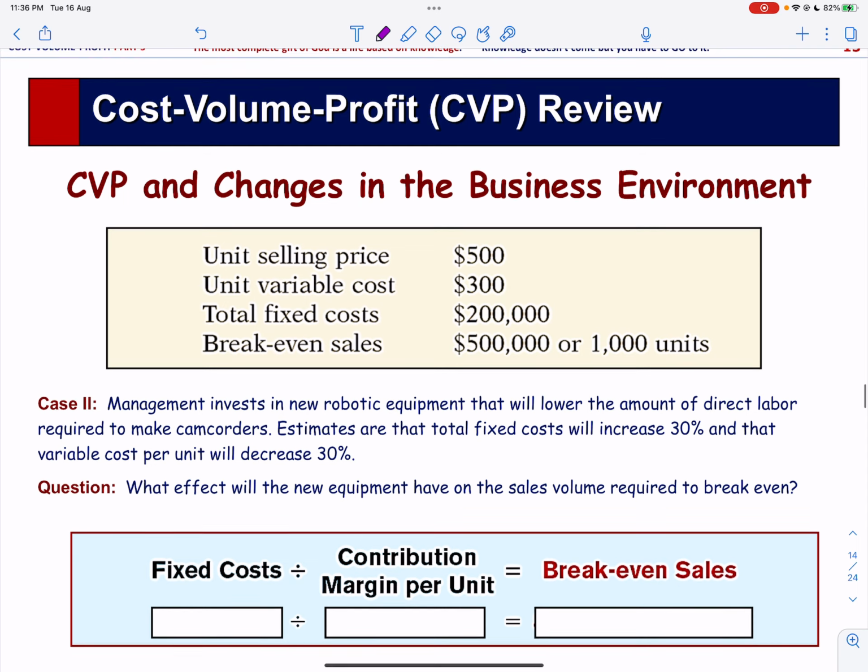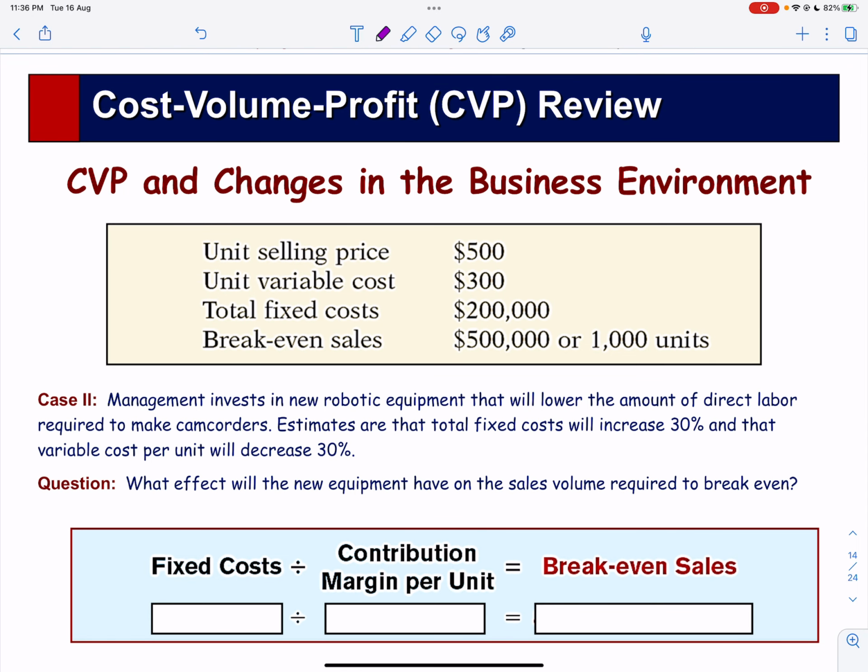Let us look into the second case. The management invests in new robotic equipment that will lower the amount of direct labor required to make camcorders. So the direct labor is going to decrease. Estimates are that total fixed cost will increase by 30%.